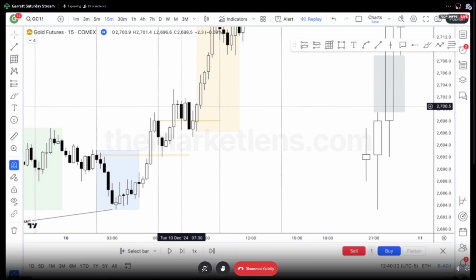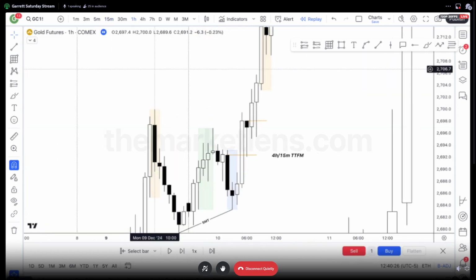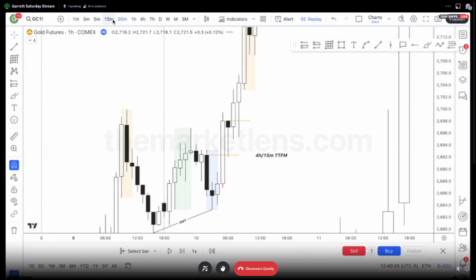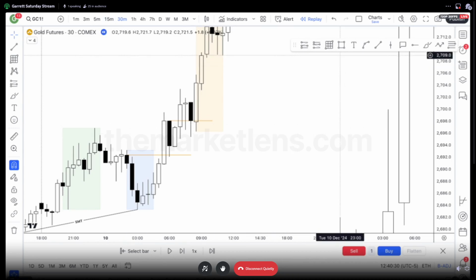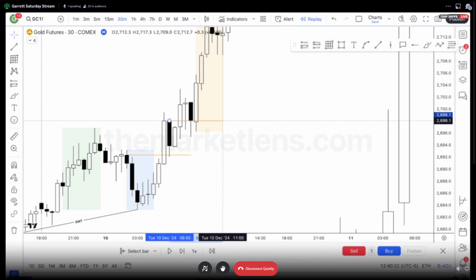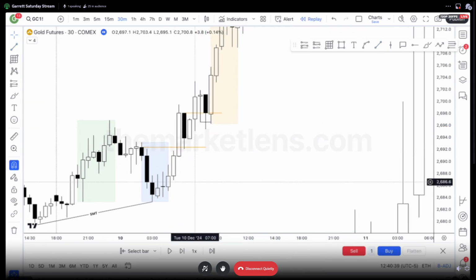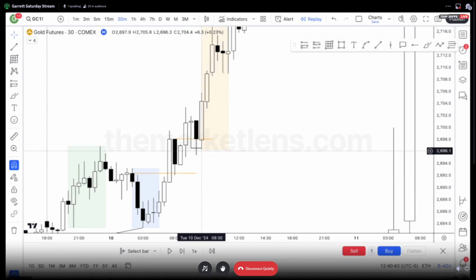There's also a couple of other ways you can enter this. Not on the hourly chart. I think it was like 30-minute. Yeah, look here, right? There's a 30-minute close here. This is how you guys want to enter fractal model stuff: within continuation of a higher time frame candle, right? The low of the day, you're trading away from the low of the day. Here you see you have a candle closure, right?